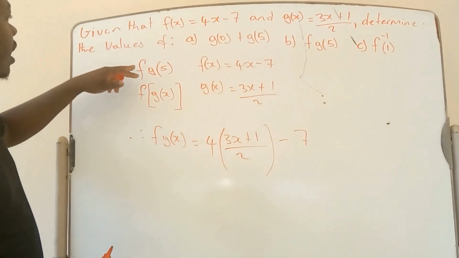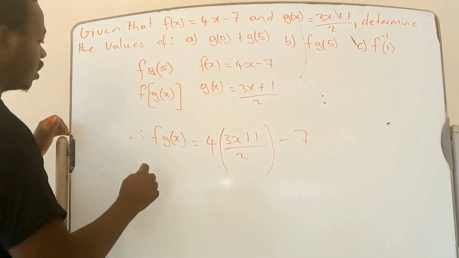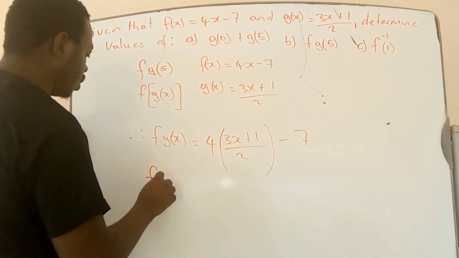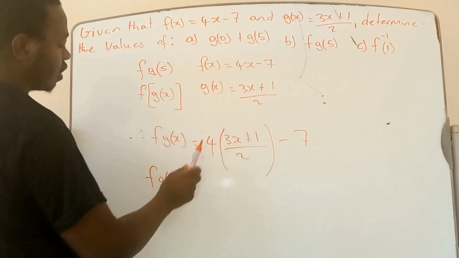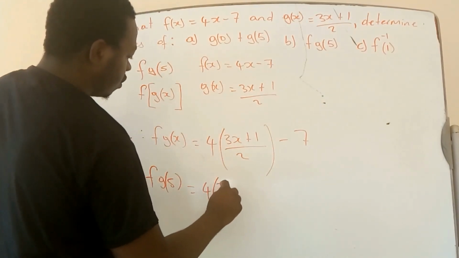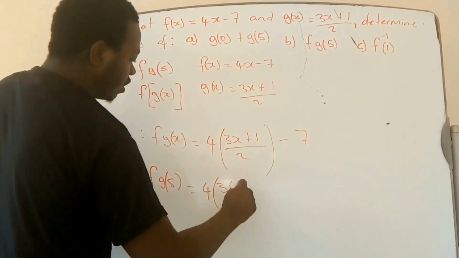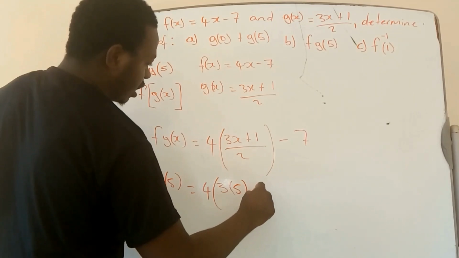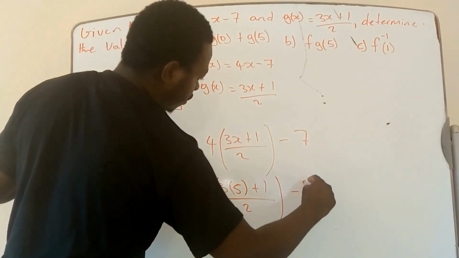Now we can go ahead and evaluate f of g of 5. So therefore, f of g of 5 is equal to, anywhere you see x, put 5 there. So this is going to be 4 times ((3 times (5) plus 1) all over 2), close bracket, minus 7.